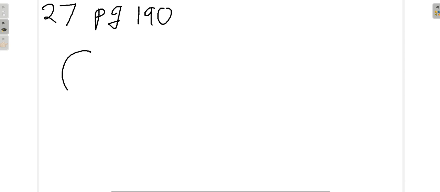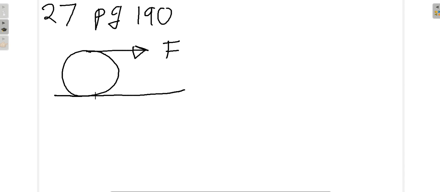See the situation. There is a force capital F which is acting tangentially at the highest point of a sphere. This is a rough surface. It is given that the sphere is having pure rolling. It is given in the problem that the sphere is pure rolling.